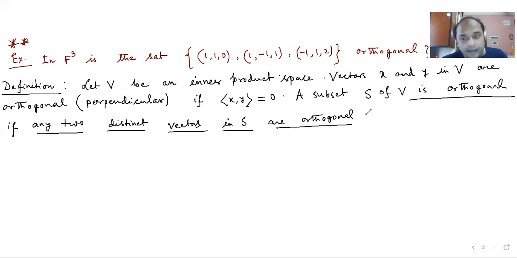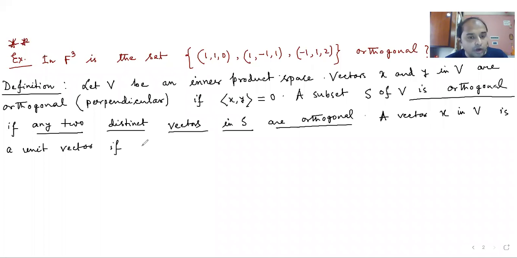Okay, a vector x in V is a unit vector if the norm of x is equal to 1.